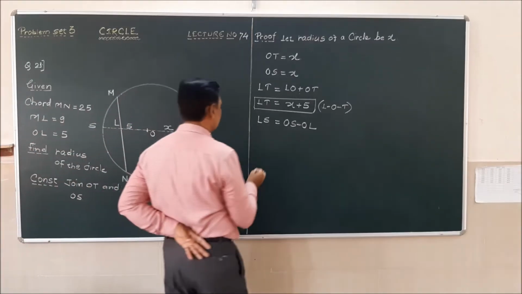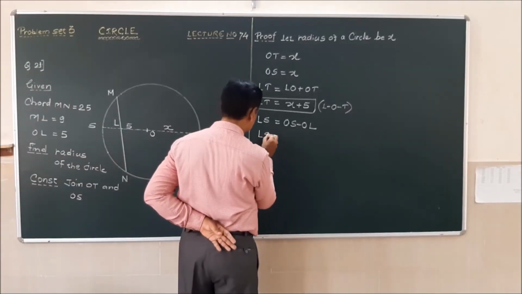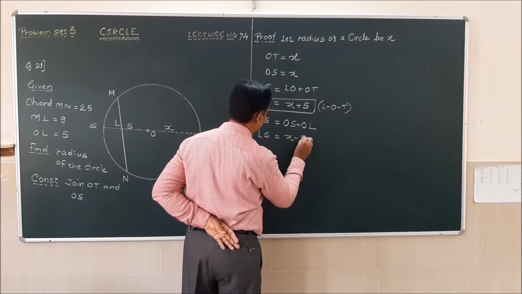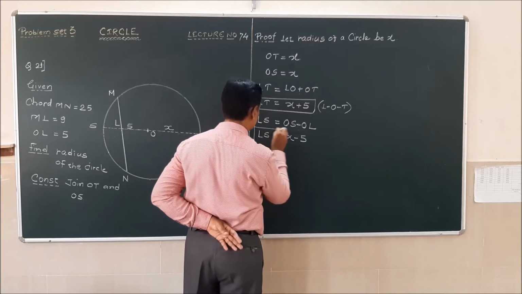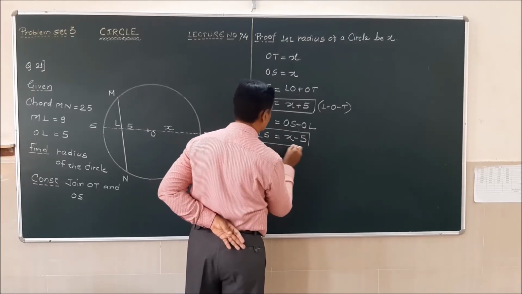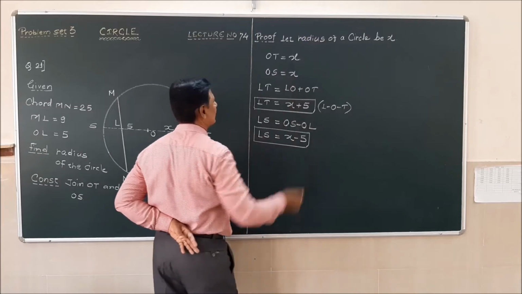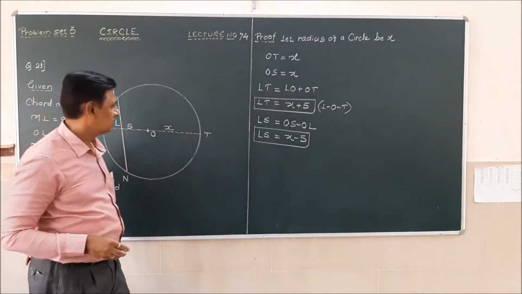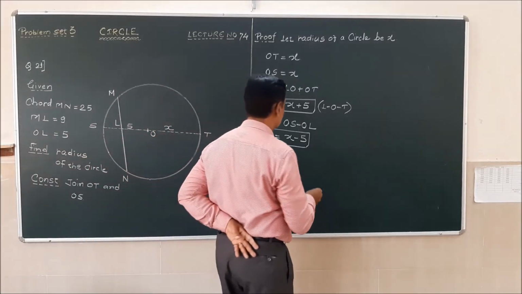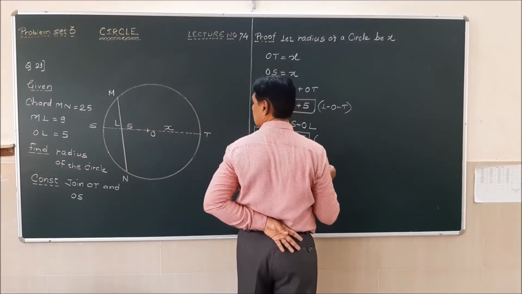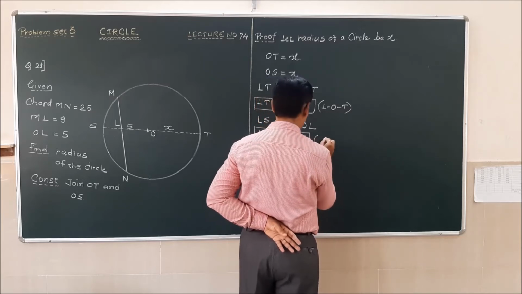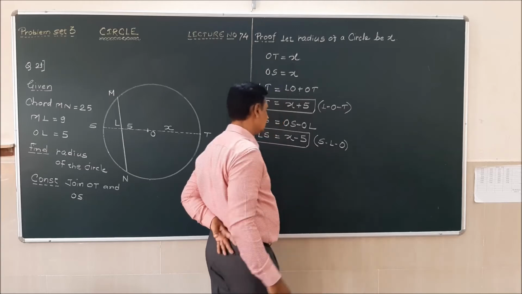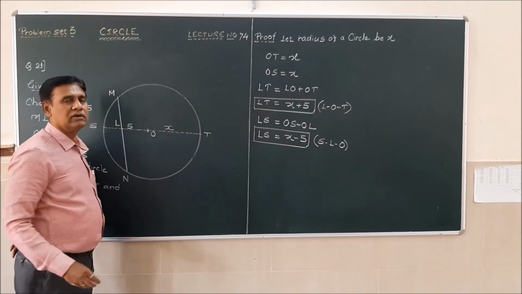So you will find LS is equal to OS is x and this is 5, so x minus 5. Here also we can give the reason that S, L, O are collinear. LS is equal to x minus 5.